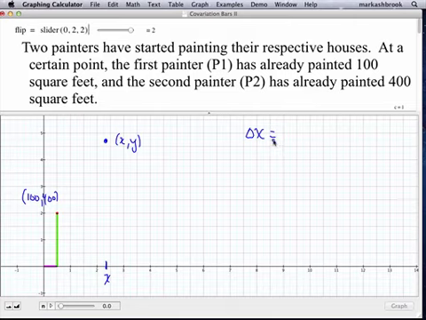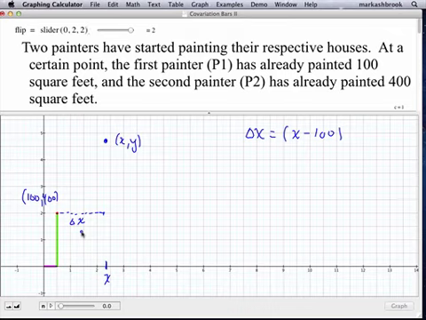Will? It would be x minus 100. Yeah, that's what Roman said. Do you see it? So it's this distance right here. It's our change in x. And it's x minus 100. Off to a good start. What's next?